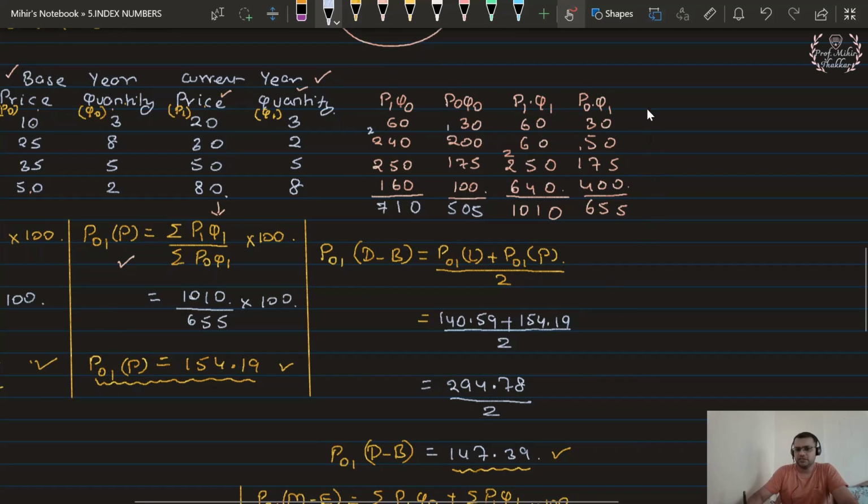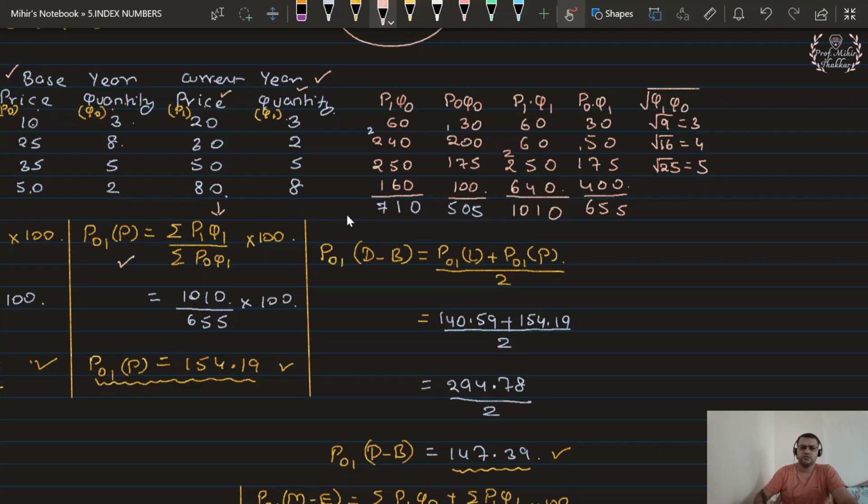Now let us see the last thing that we are doing for the Walsh's index number. There will be one additional column of under root of Q1 into Q0. 3 into 3, under root of 9, is 3. 8 into 2, under root of 16, is 4. 5 into 5, under root of 25, is 5.